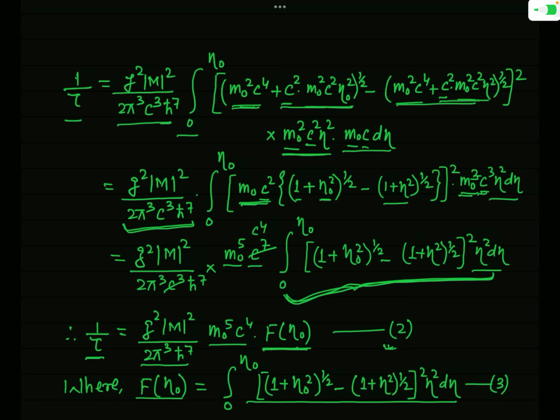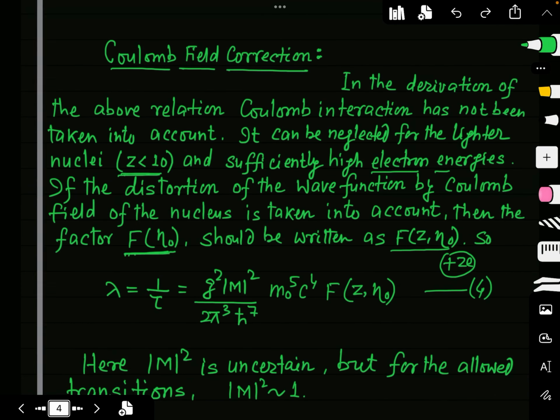Then the correct value of this mean life, that is 1 over tau, will be obtained in the case of heavier nuclei, or when we take into account the Coulombian interaction. So when Coulombian interaction is taken into account, what will be 1 over tau? We simply replace this f of eta naught by f of Z, eta naught. So the calculation is very simple.